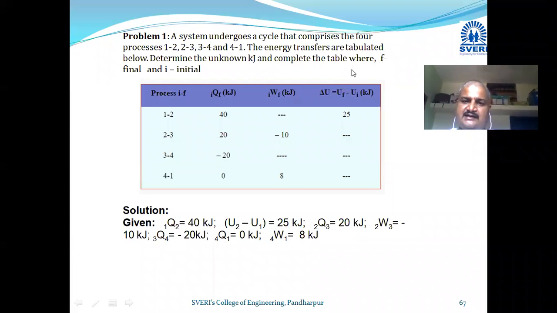Then in the last column they have provided the change in internal energy, that is delta U. The numbers provided indicate the magnitude of that parameter. ये जो नंबर्स प्रोवाइड किए हैं 40, 20, -20, 0, then -10 and 25, they are indicating the magnitude.